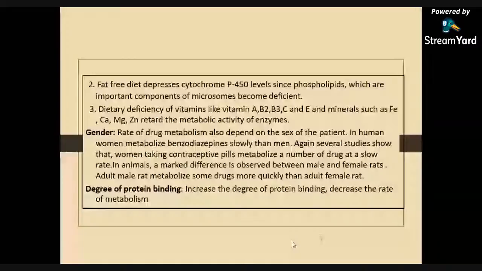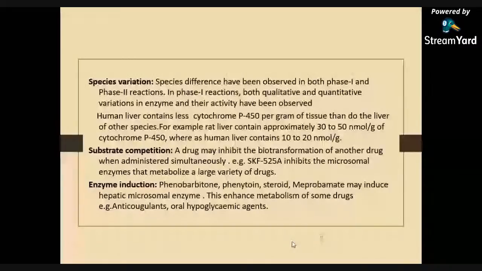The next parameter is species variation. Species differences have been observed in both phase 1 and phase 2 reactions. In phase 1 reactions, both qualitative and quantitative variations in enzymes and their activities have been observed. Human liver contains less cytochrome P450 per gram of tissue than the liver of other species.